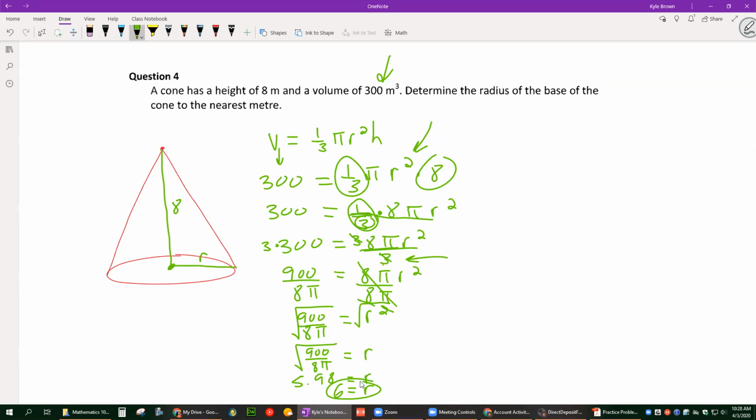I don't even remember where the pi button is. Oh, I found it.